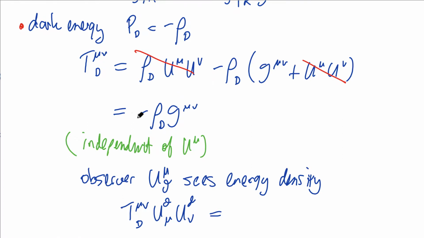That -1 cancels this minus and just leaves us with rho sub d. So this result shows that all observers, no matter what their motion might be relative to one another, they all see the same energy density, namely rho sub d. Now this is the key property of the energy density associated with vacuum fluctuations in quantum field theories. Namely, the energy density is observer independent, or it's Lorentz invariant. So that's why dark energy is also referred to as vacuum energy.